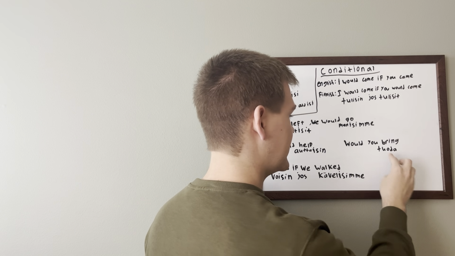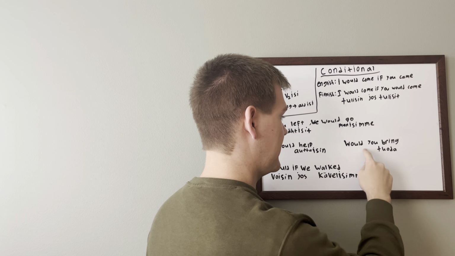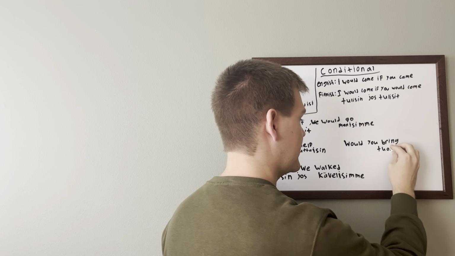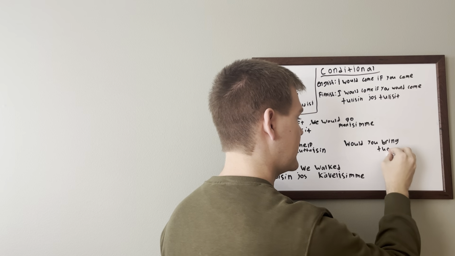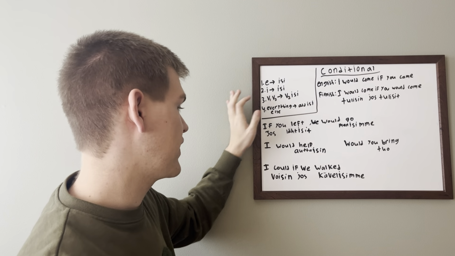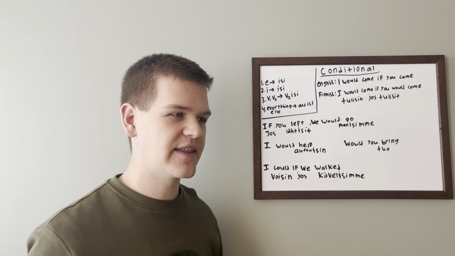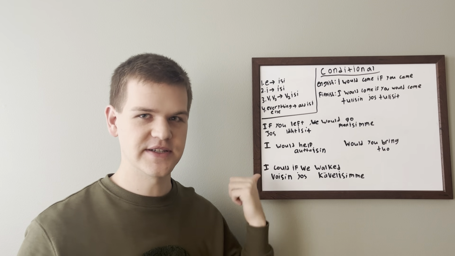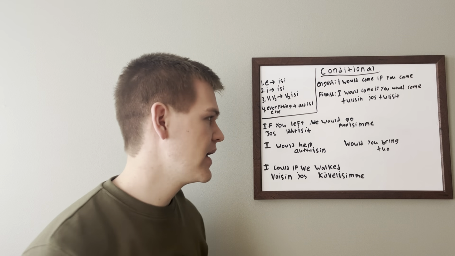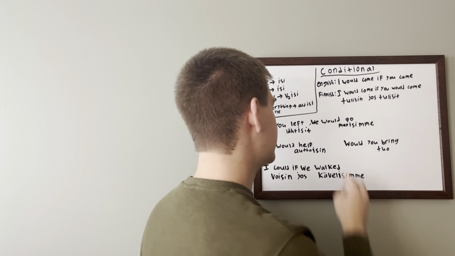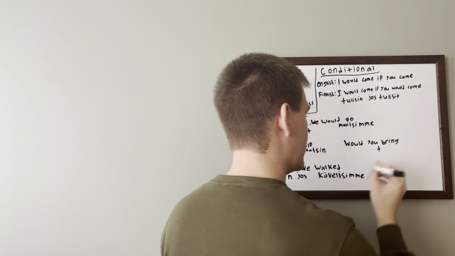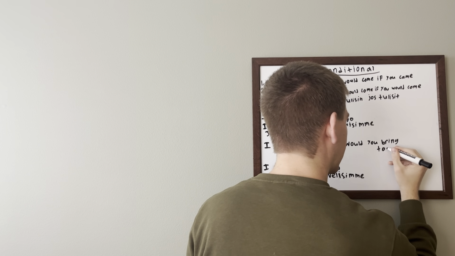So let's just put it in conditional first, as in "you would bring". So the stem, we get rid of the DA, tuo. That's going to be our third type. Again, it kind of makes one sound. You wouldn't say it as two syllables, you would just say "tuo", kind of one syllable. Sometimes it's hard to tell, but you'll get more used to them. Tuo, which means we'll get rid of the first vowel and then add ISI.